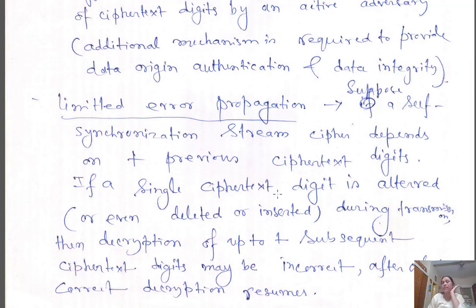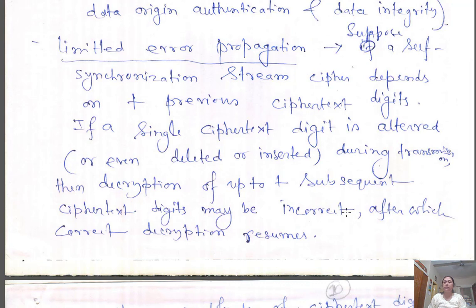If a single ciphertext digit is altered or even deleted or inserted during transmission, the decryption of up to T subsequent ciphertext digits may be incorrect. As already explained, its effect will be on T subsequent ciphertext digits, after which correct decryption resumes.